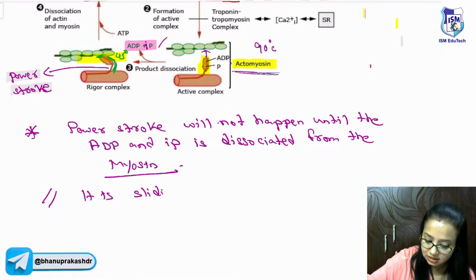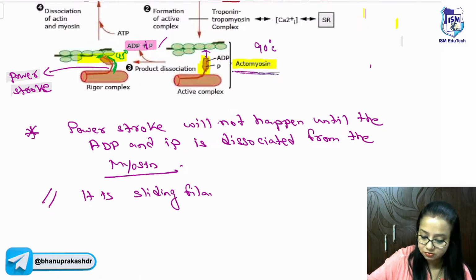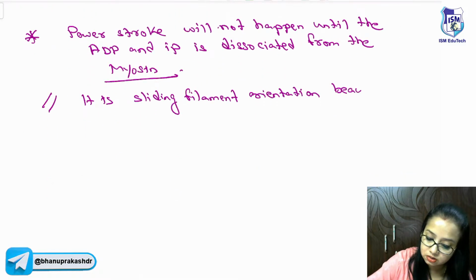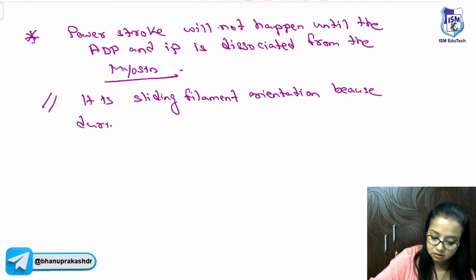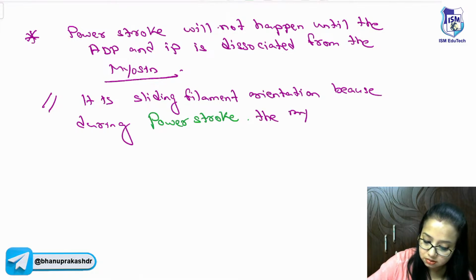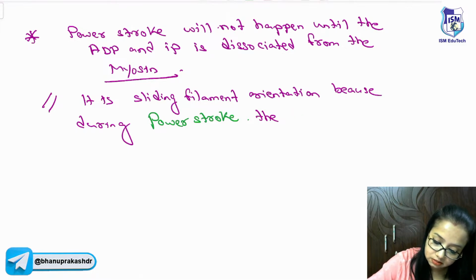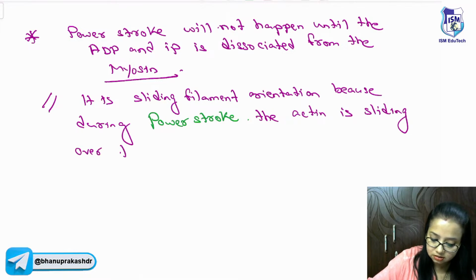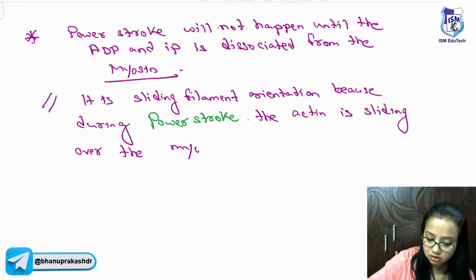It is called the sliding filament orientation because during the power stroke, the actin is sliding over the myosin.